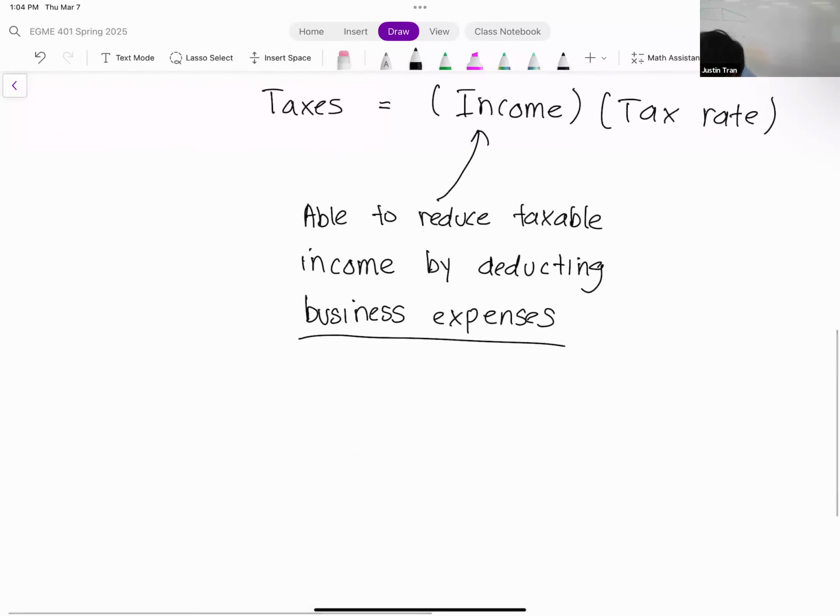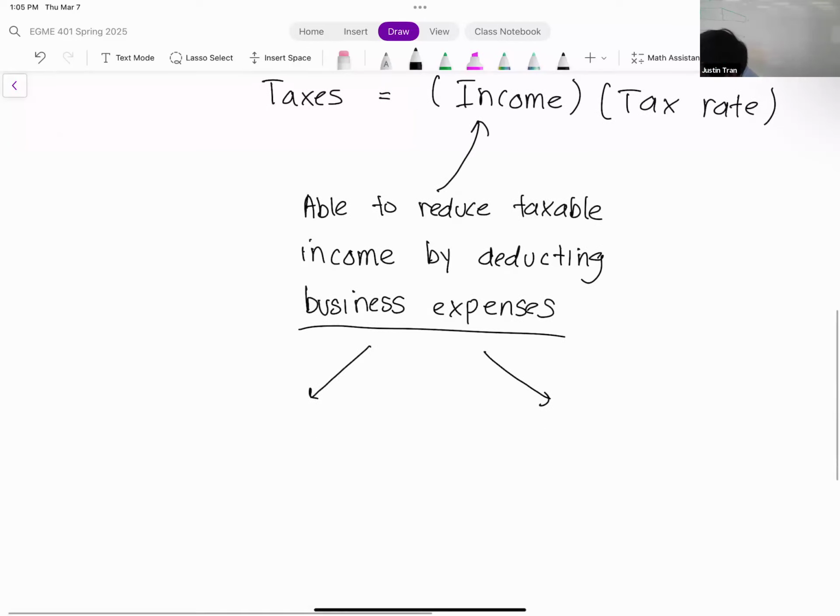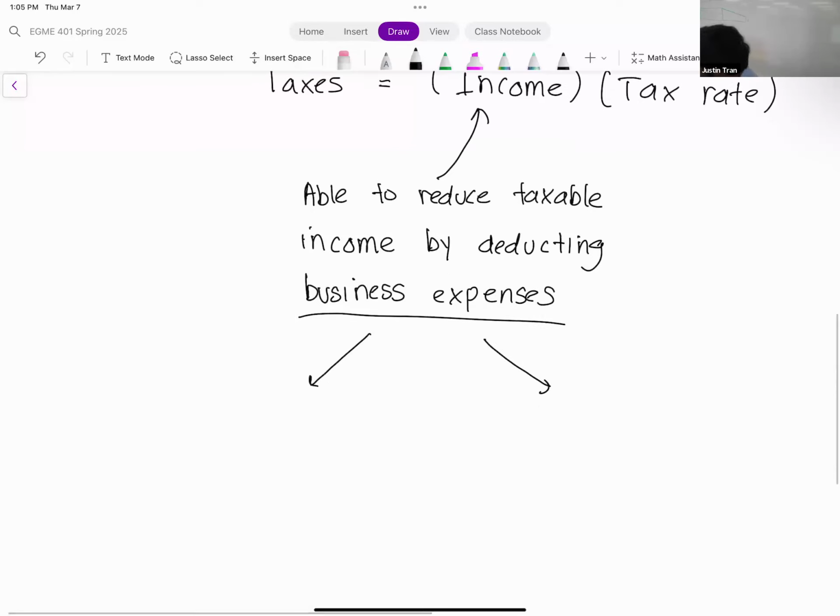These business expenses are split into two main categories. On the one hand, we have a category called ordinary and necessary expenditures, which I'll shorten to necessary expenditures.